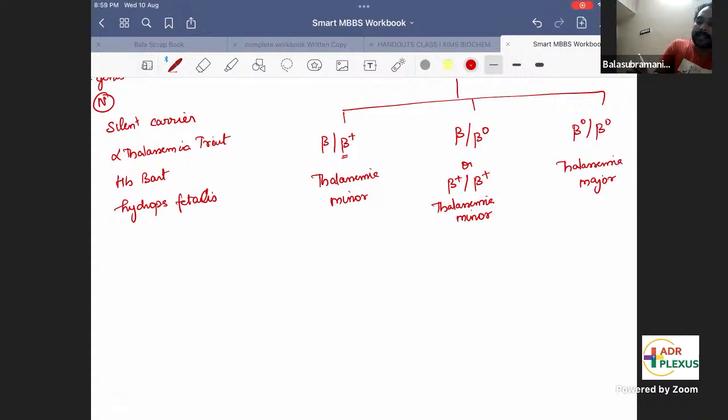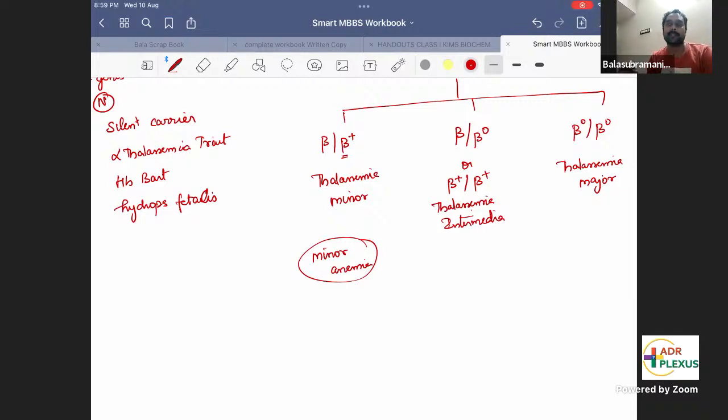So in thalassemia minor, you don't have anything except minor anemia. No problem. Sorry, I think I have to correct that. This is thalassemia minor, thalassemia intermedia, and thalassemia major.